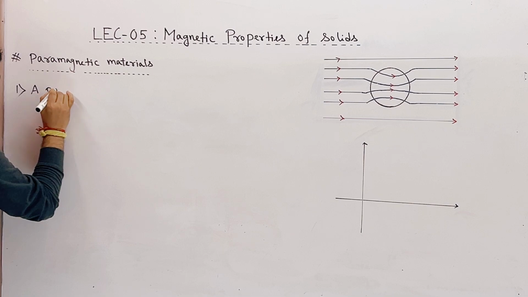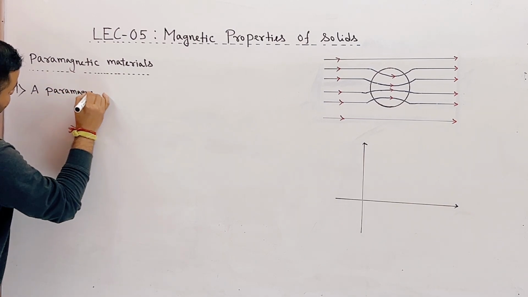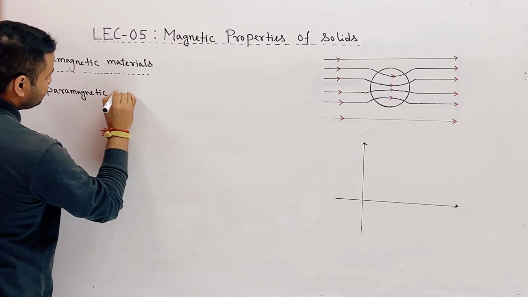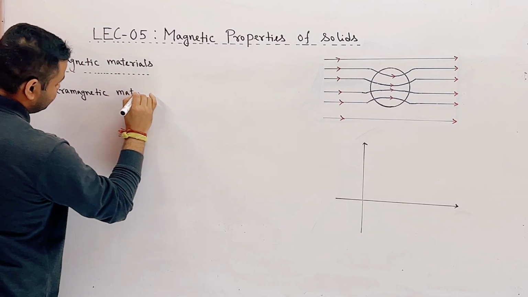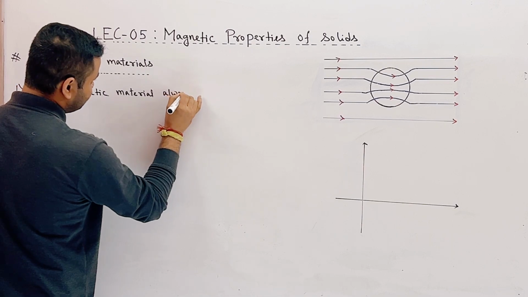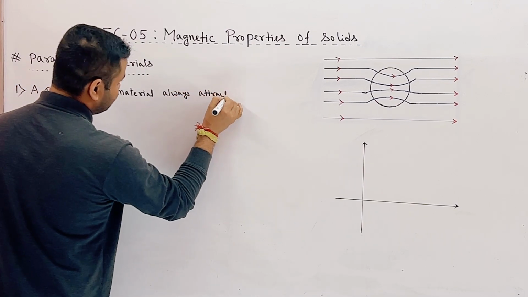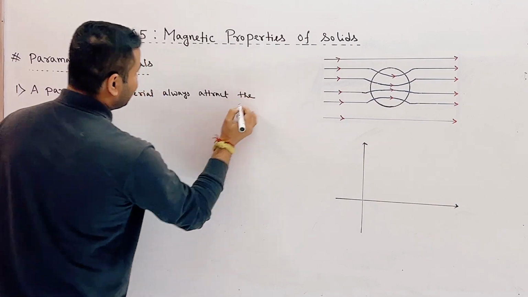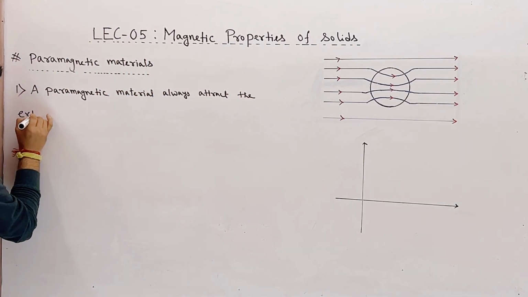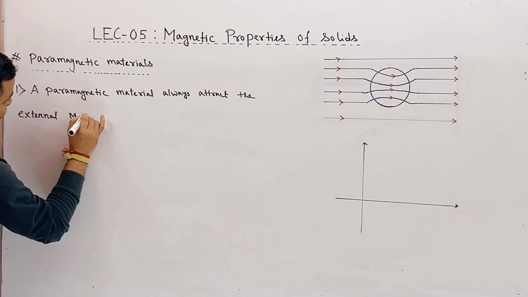A paramagnetic material always attracts the external magnetic field.